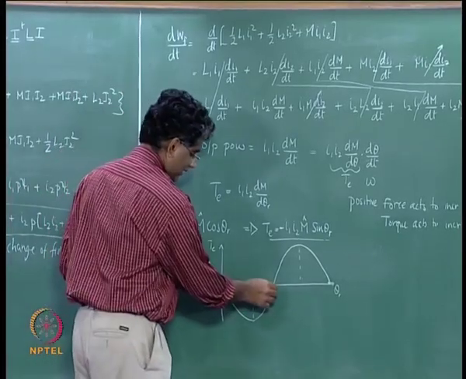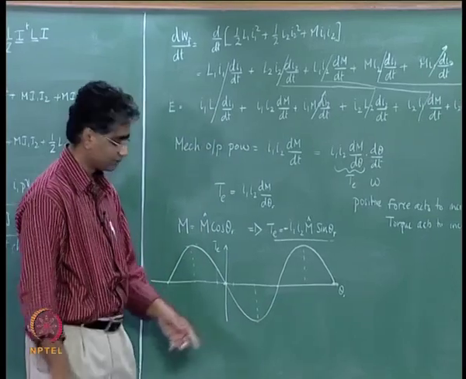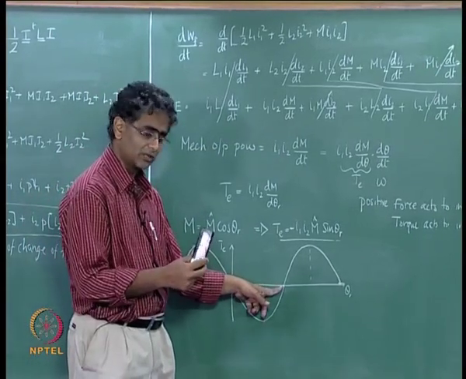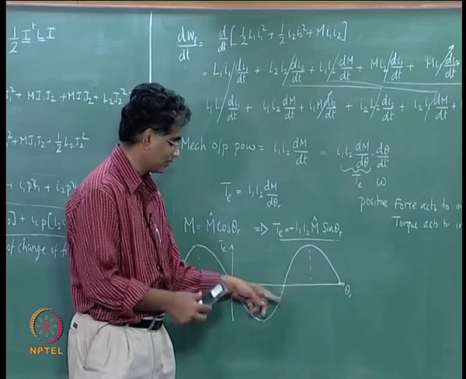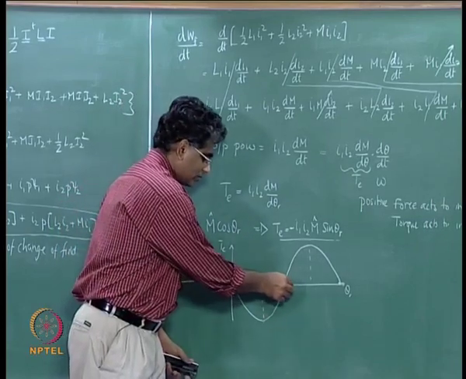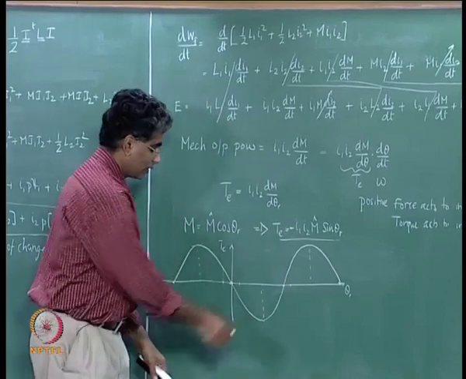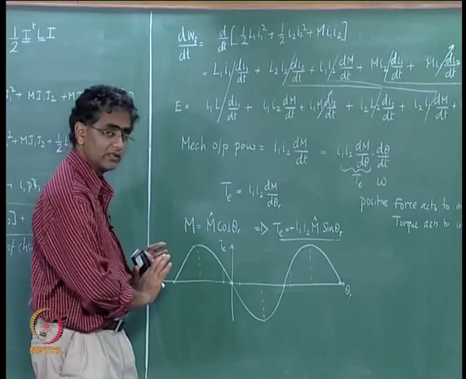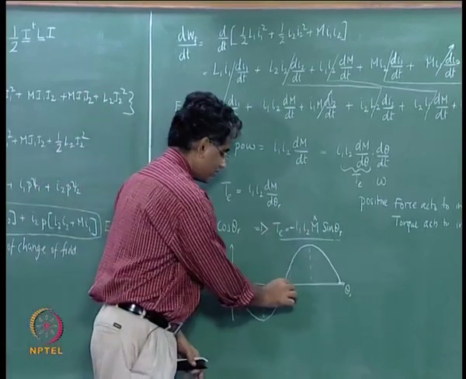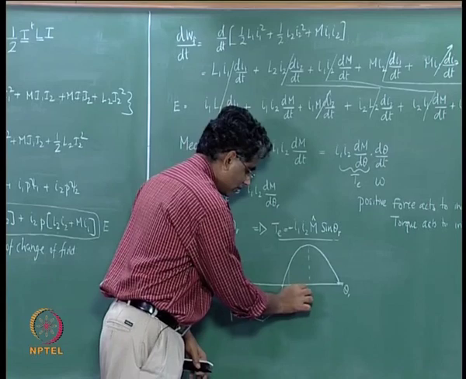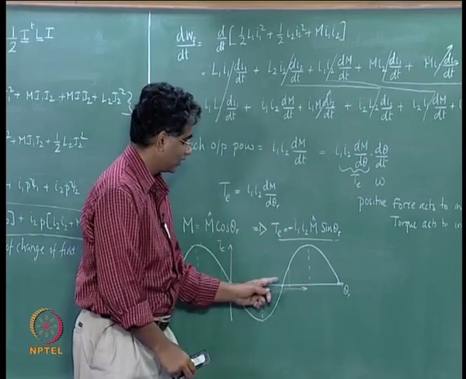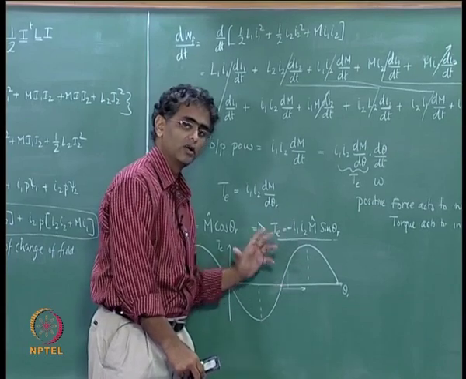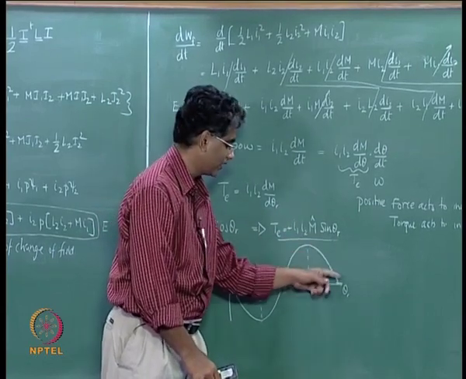But at this point, if the rotor is here and then due to some disturbance it happens to move a little, and if the rotor happens to move to this angle, then the torque generated is greater than 0 and it acts in the direction of increasing angle, therefore the rotor will try to move further away. As it increases, the generated torque increases, therefore it will move further and further away and finally come to this point.